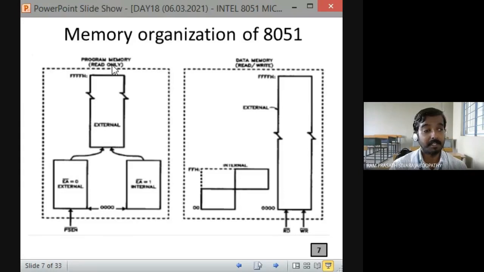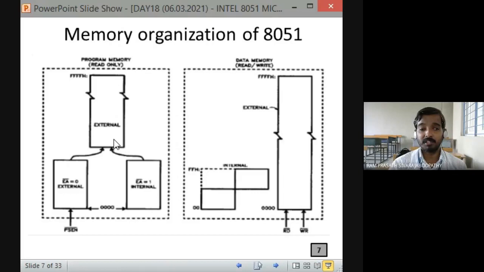Regarding the program memory, if EA bar equal to 0, the entire 64 KB memory is from the external memory only. The microcontroller will execute the entire program from the external memory only. It won't consider the internal ROM. If EA bar equal to 1, it will consider the internal ROM up to 4 KB. Beyond that, it will access the external ROM only.